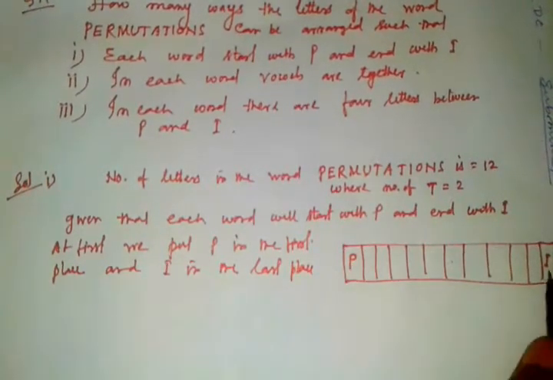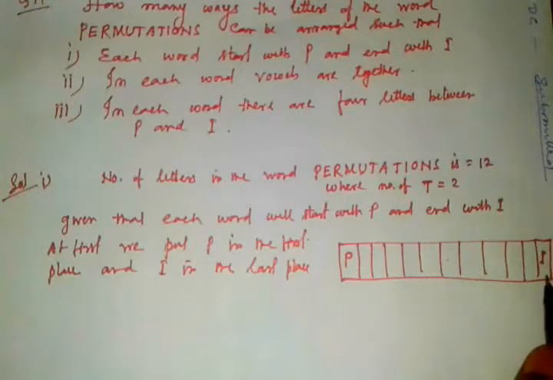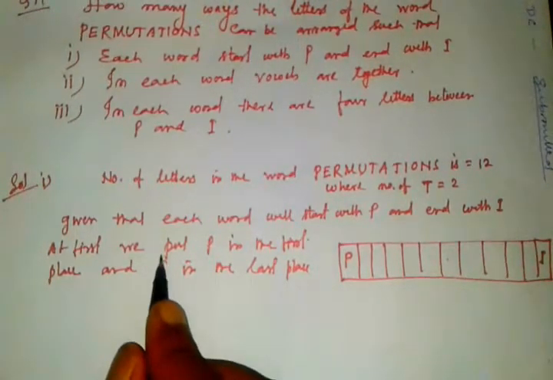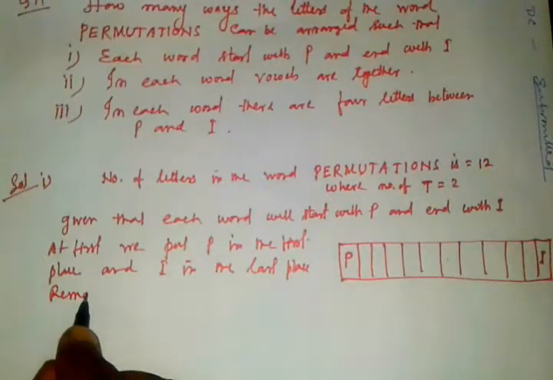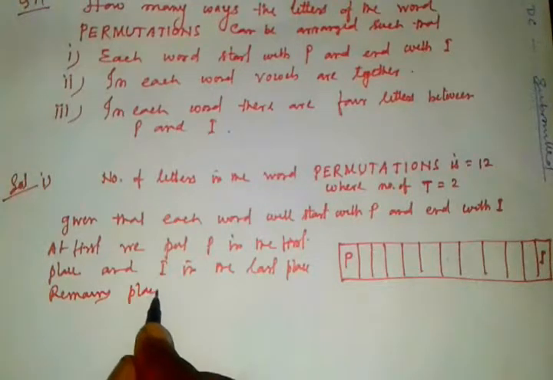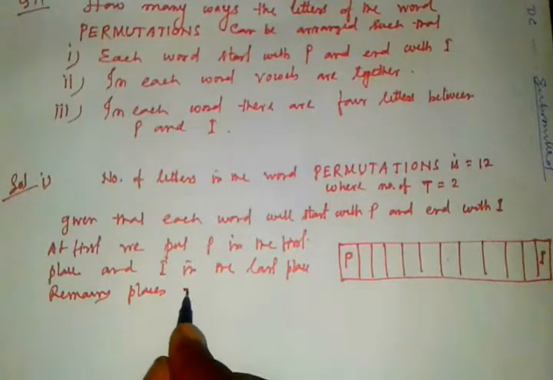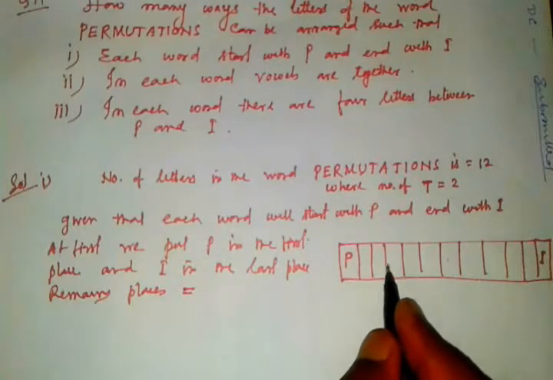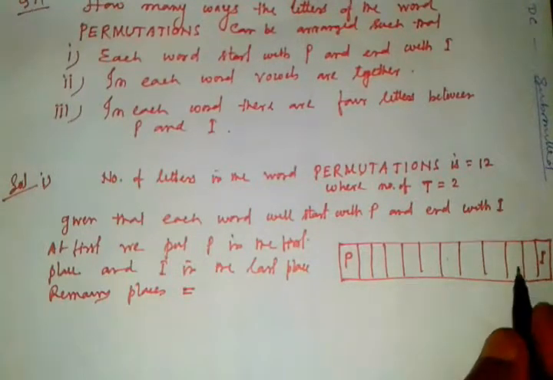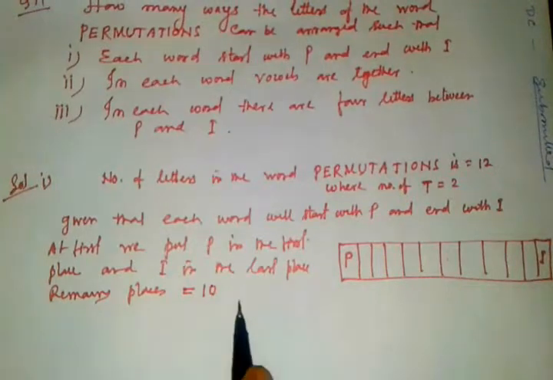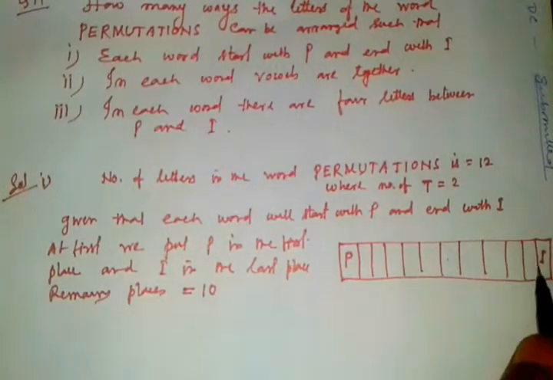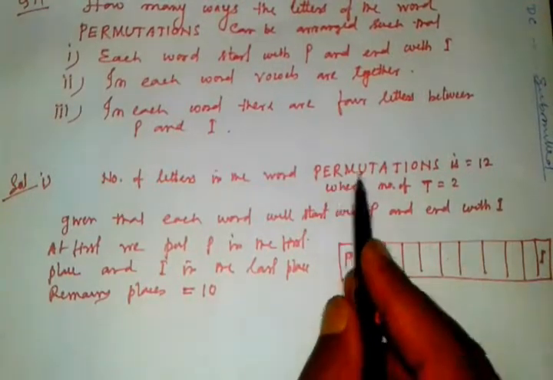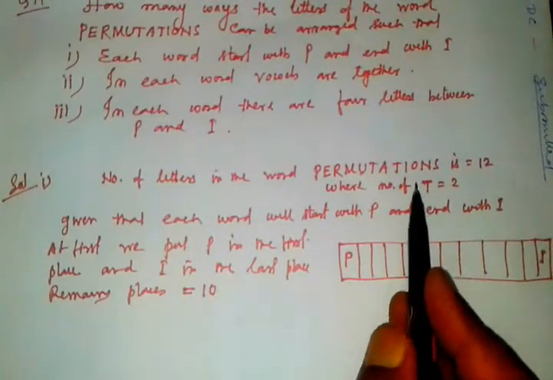That is, P is in the first place, I is in the last place. Remaining places: 1, 2, 3, 4, 5, 6, 7, 8, 9, 10. Remaining places 10. In these 10 places we have to arrange the remaining letters, other than P and I.